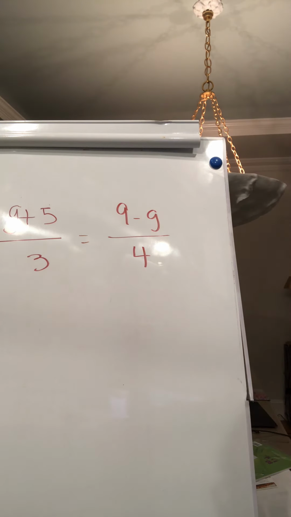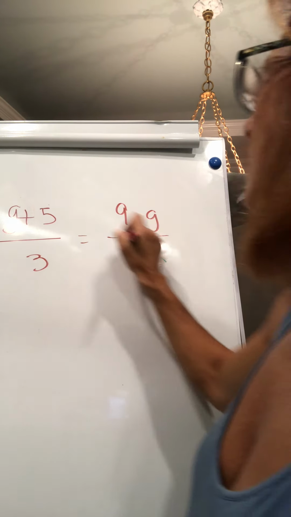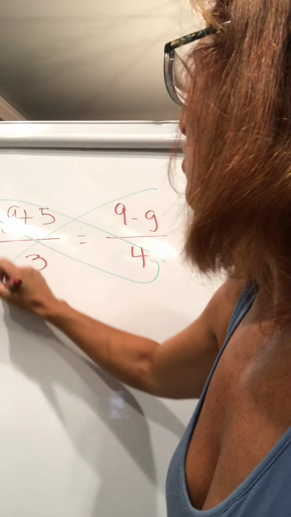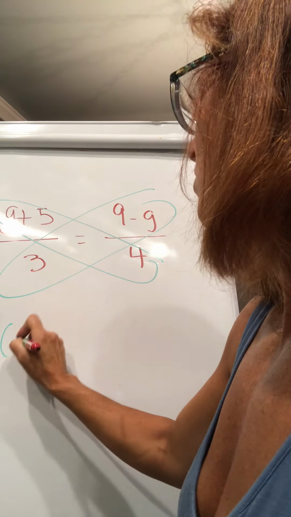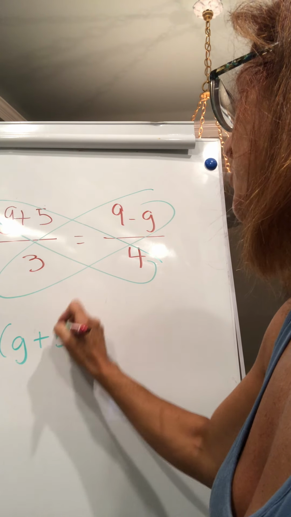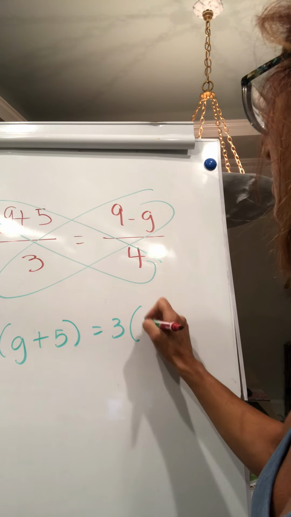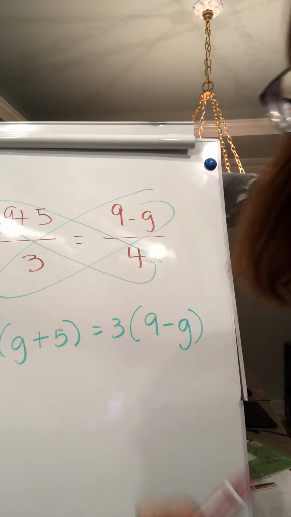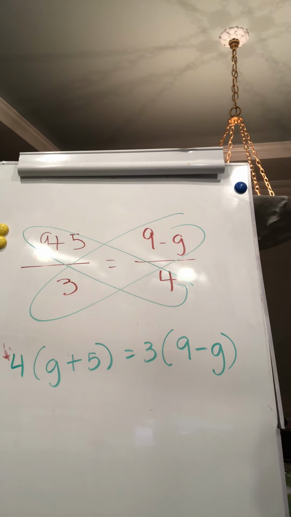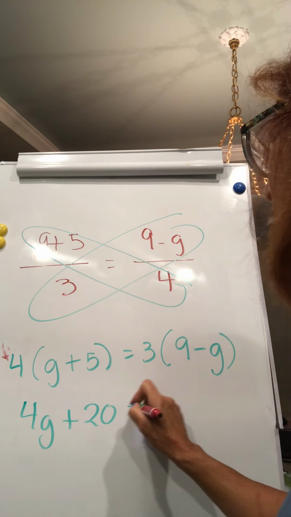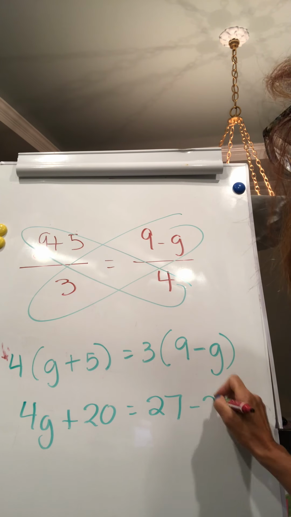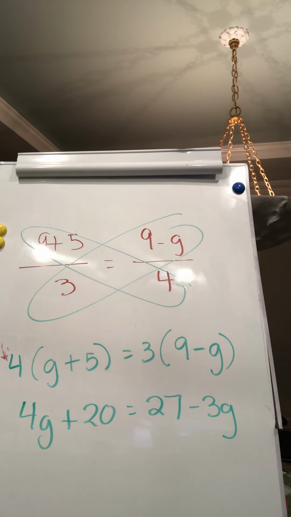When we have two fractions that sit equal to each other, it is a proportion. So one way I can solve that is by cross multiplying. So 4 times g plus 5 equals 3 times 9 minus g. All right, once I have that, then I can distribute, and I have a regular problem that I know how to solve.